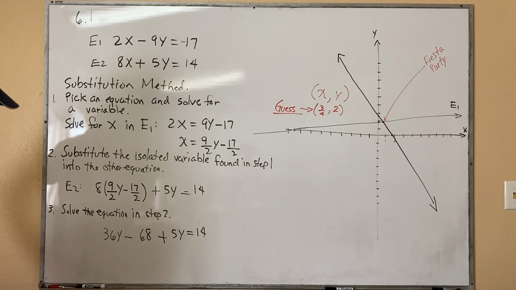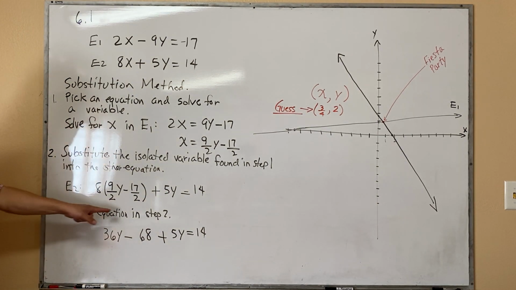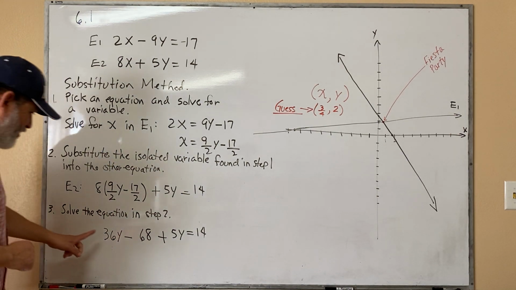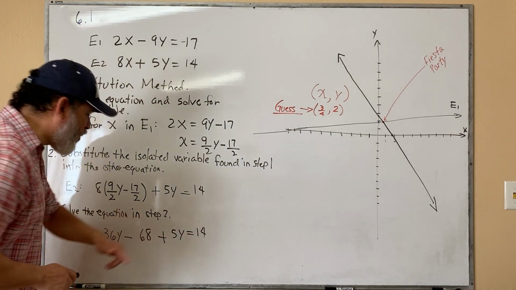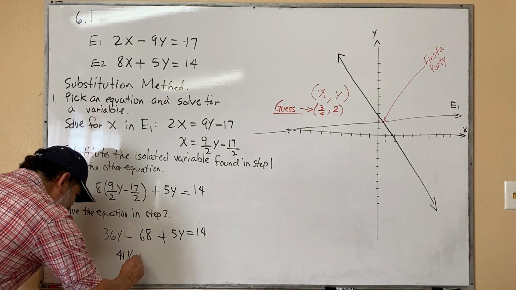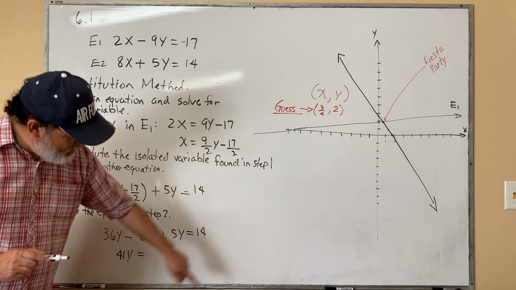Okay. So now, solve for y. Solve the equation in step 2. So 36y plus 5y is 41y equals 2, bring this over.